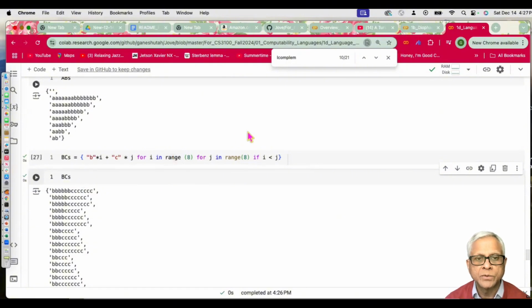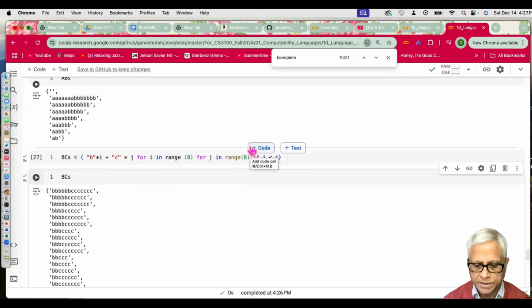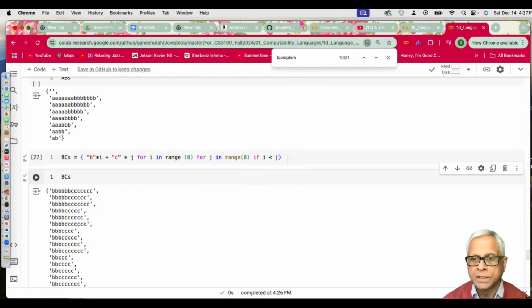And now suppose I want to make this C raised to j for i in range 8, for j in range 8. And suppose I want to introduce i less than j, then this can be a different language, which now includes fewer B's than C's.